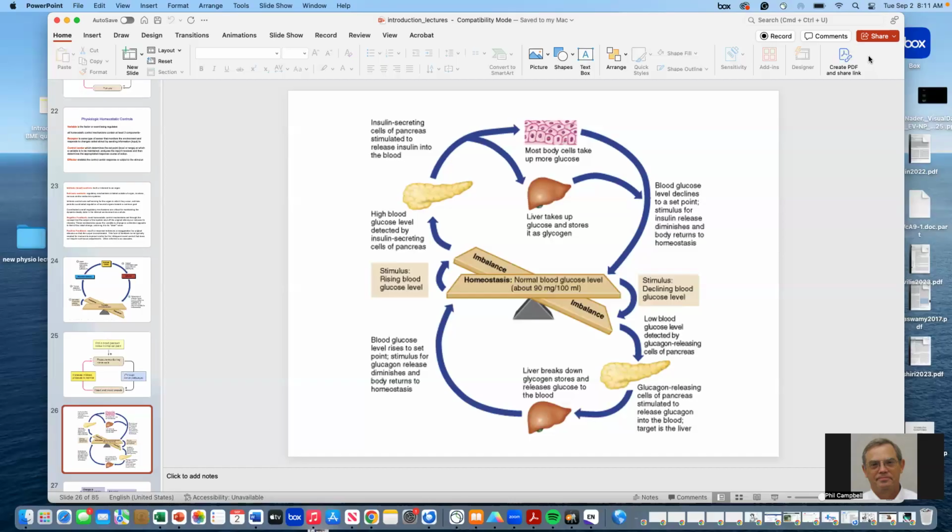So it will release a different effector called glucagon. Glucagon goes to the liver and mobilizes those glycogen stores. And then the liver converts those to glucose. They're released into the blood. Blood glucose levels go up. As they approach their preset value, there is negative feedback, so we don't significantly overshoot.